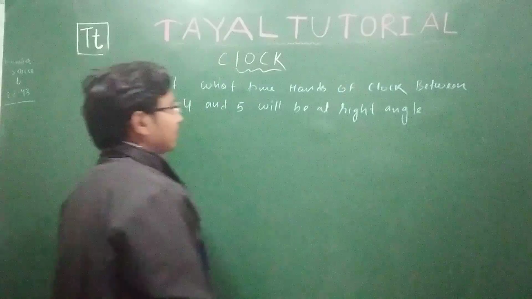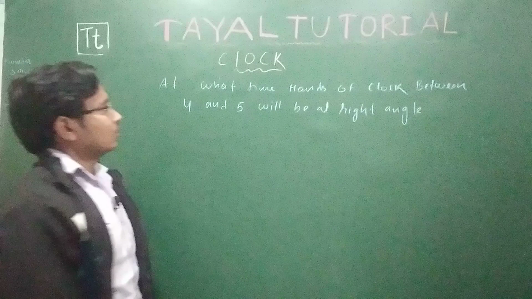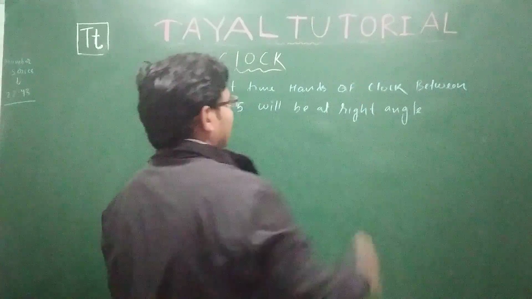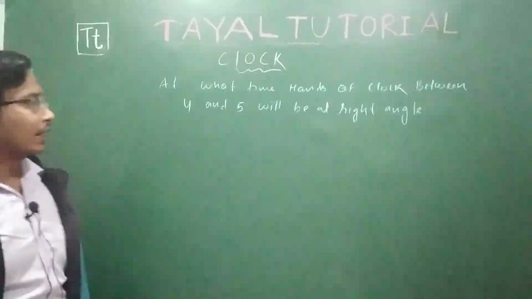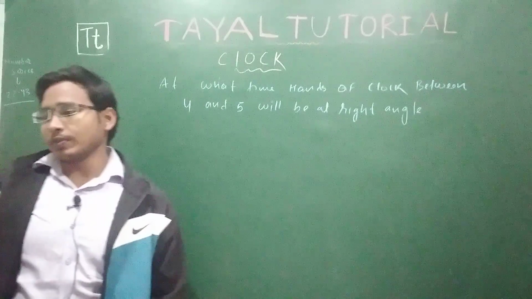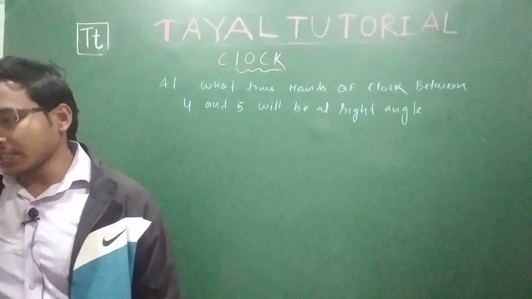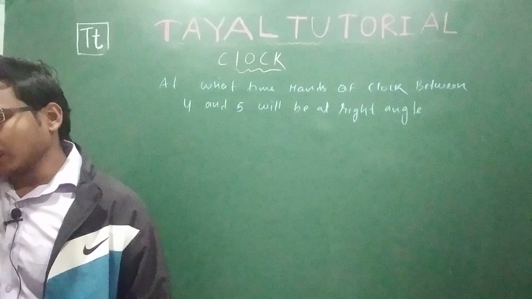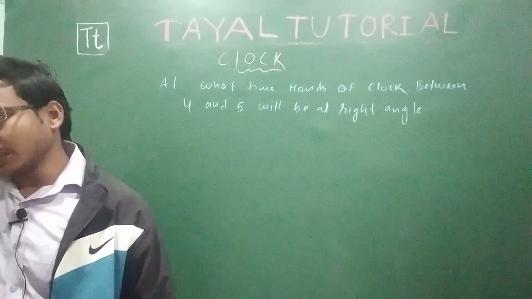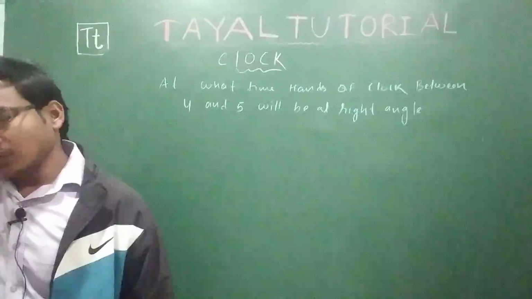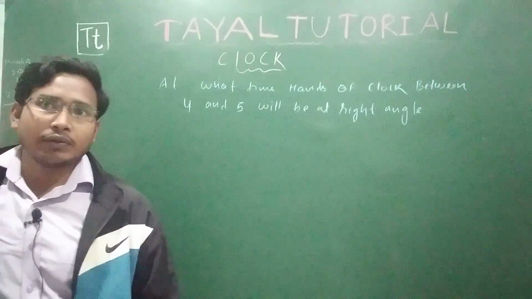At what time between 4 and 5 will the hands of the clock be at a right angle? Is there any such location where the angle will be 90 degrees? So this is our question.